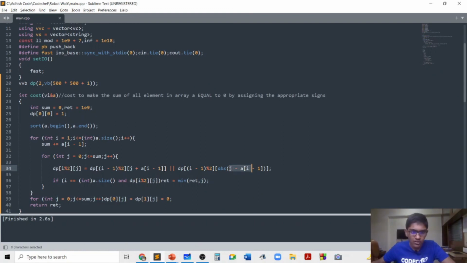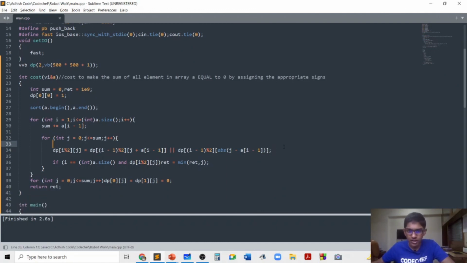One thing to note is that I use i minus 1 because array A uses 0-based indexing. Sorry for making this a bit confusing in the code. A of i minus 1 is there because the vector A is 0-based indexing. You could use a of i, which would be the technically correct thing, but practically we need to use i minus 1 because it's 0-based indexing.